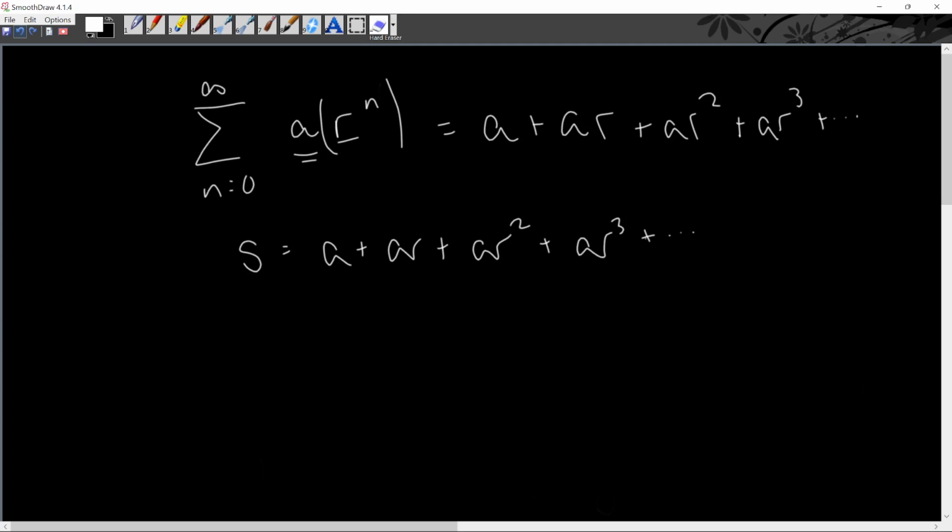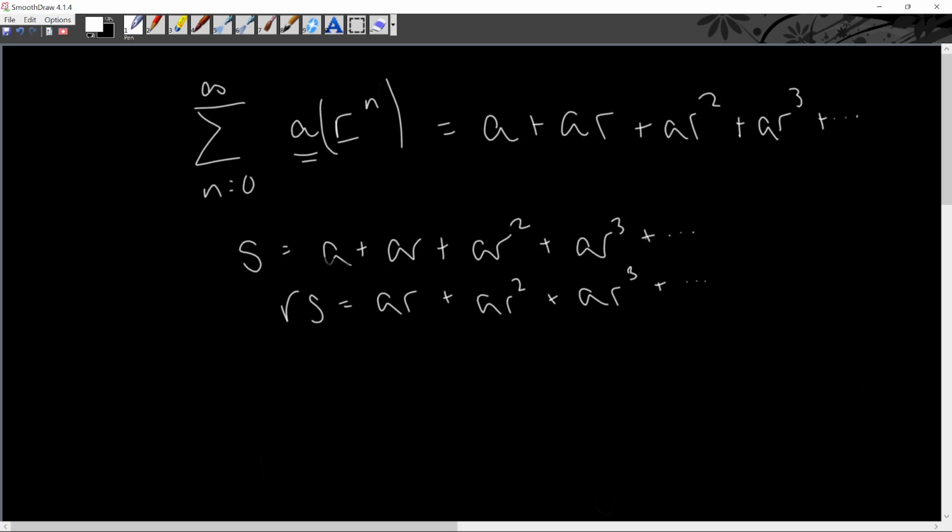You have rs is equal to ar plus ar squared plus ar cubed, and then on and on. As you can see, if you multiply r to every subsequent term, you're simply increasing the degree by 1, but a, since it is a common factor, is not changing for any of these.